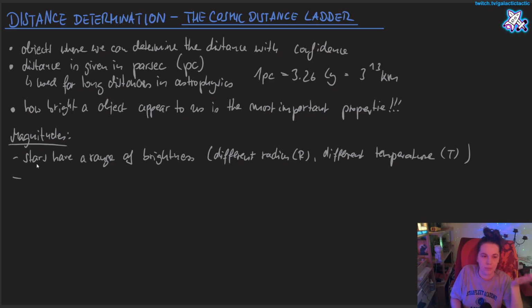So it's emitted more. Higher T, higher R, more luminosity.